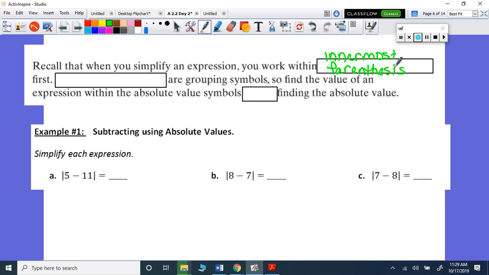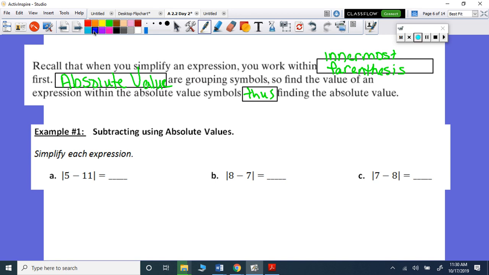And with this, the absolute value symbols, those symbols are grouping symbols. So you're going to treat them like parentheses. You have to evaluate what's in them first, find the absolute value, and then do what other arithmetic is needed. But you have to simplify absolute values first. We're going to simplify them with our sign number rules.